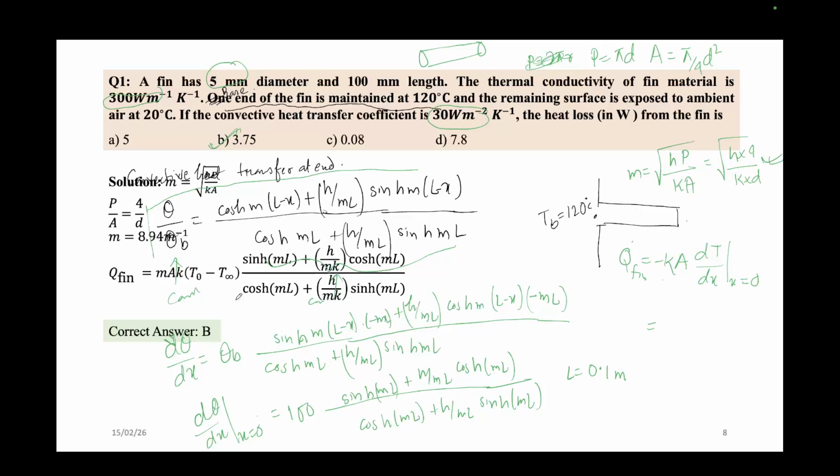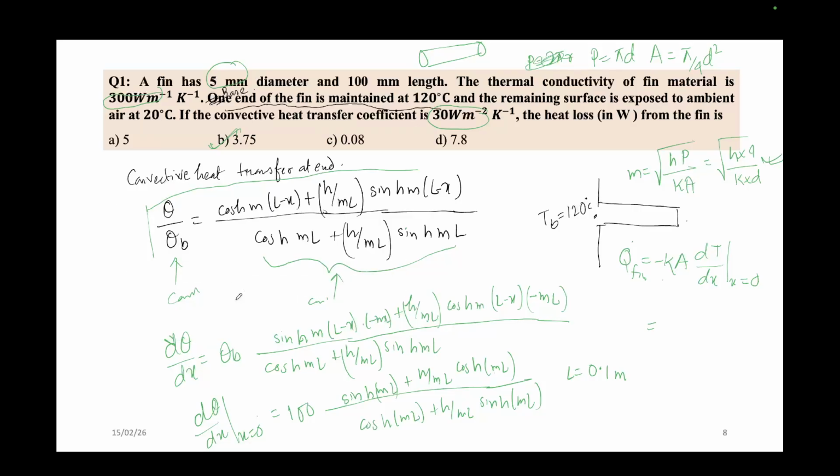At that time, it is quite tough for many of the students to recall this thing. So that's why I just went with this approach. If you remember this thing, you can easily solve each and everything. But if you know Q, it is quite tough to find out the temperature profile.